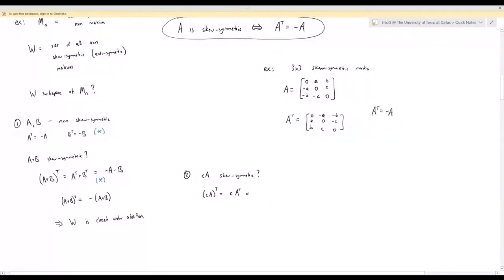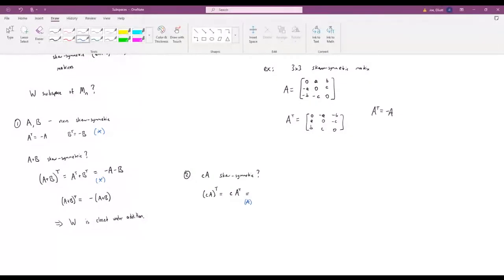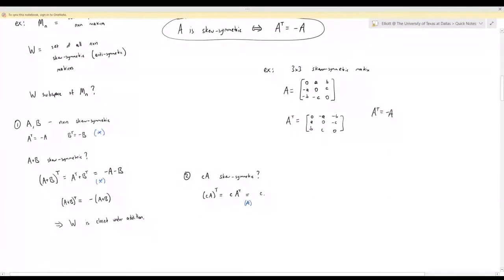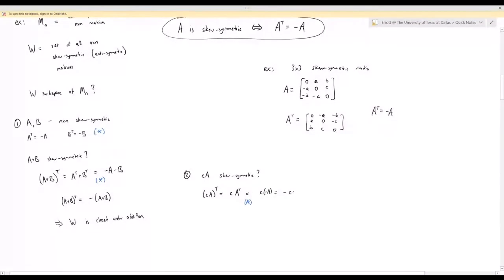And then again, we're assuming that A is a skew symmetric matrix, so that A transpose is going to equal negative A. So C times minus A, which you can always write as minus CA. So again, we see that the transpose of CA is the negative of itself, and that proves that CA is also skew symmetric then.